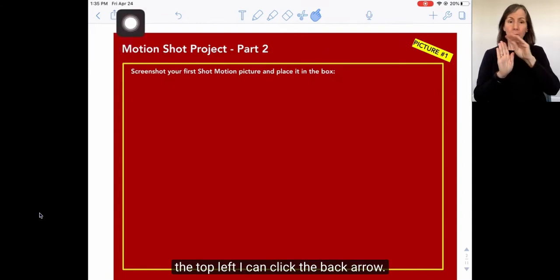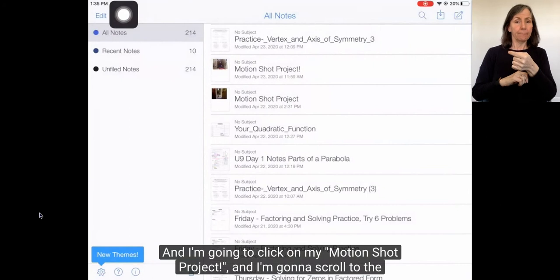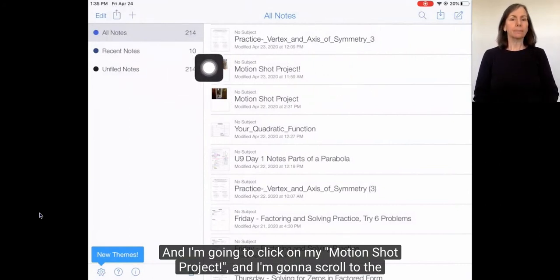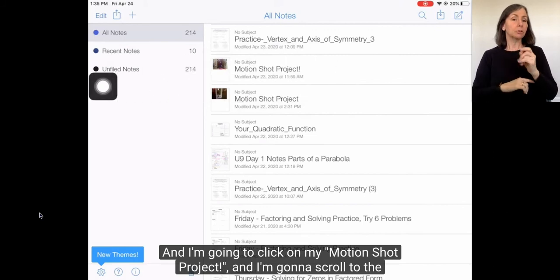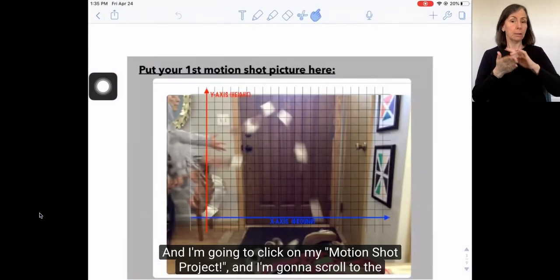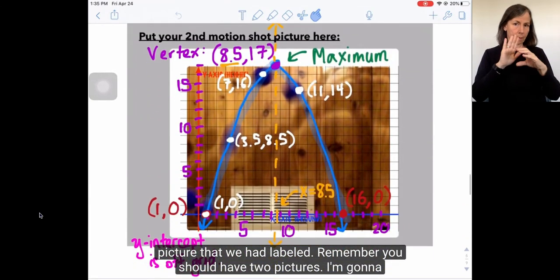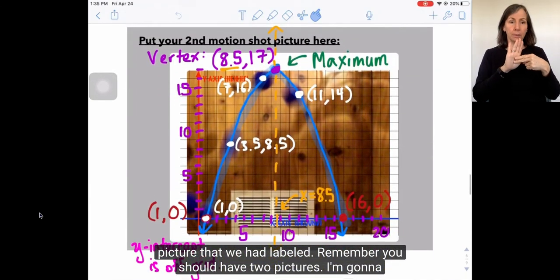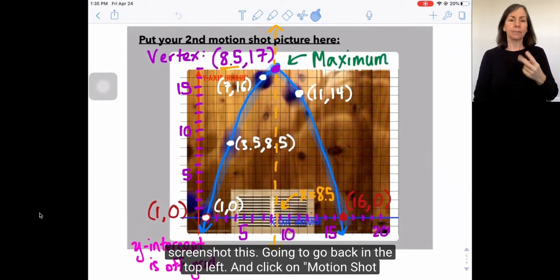So in the top left, I can click the back arrow. And I'm going to click on my motion shot project, and scroll to the picture that we had labeled. Remember, you should have 2 pictures. I'm going to screenshot this.